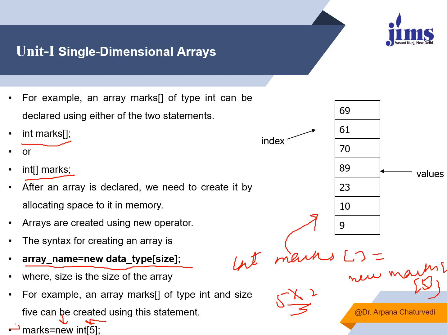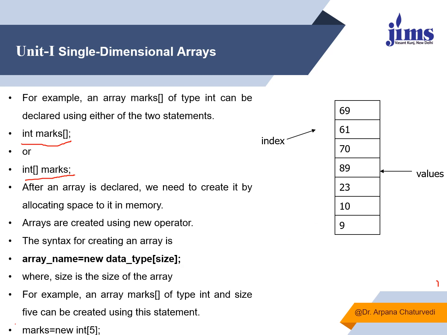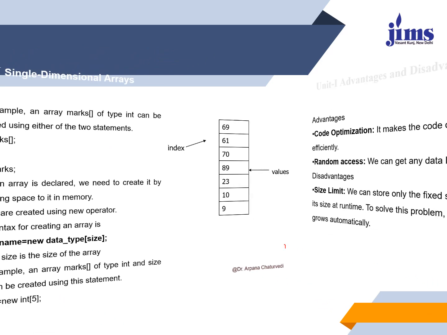We will see further in coming slides how we perform manipulation on this particular array. So either you can use two steps or you can use one step. In two steps, firstly you declare only int marks with subscript, and second, the name of the array is equal to new, again the data type and then the size, like marks equals new int. So the first step is this and the second step is this. In coming slides we'll see how we do this.